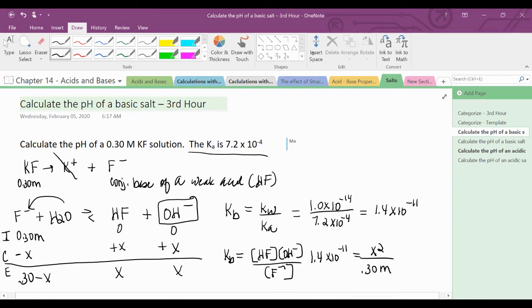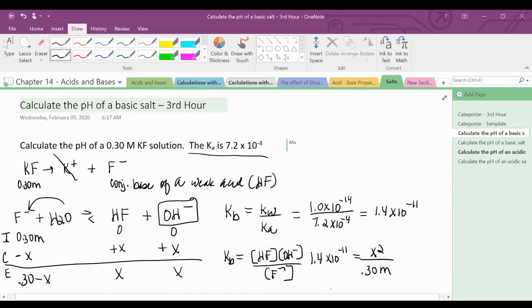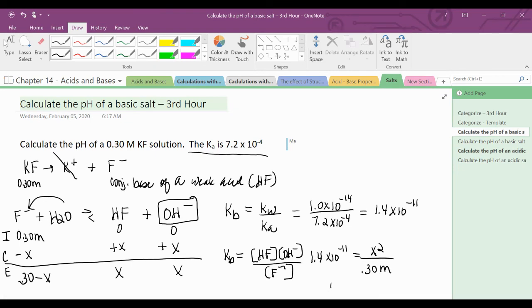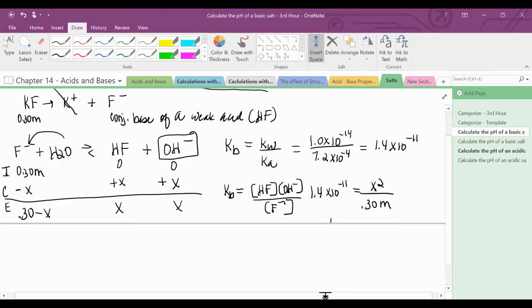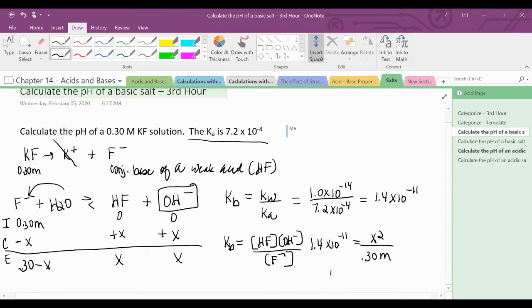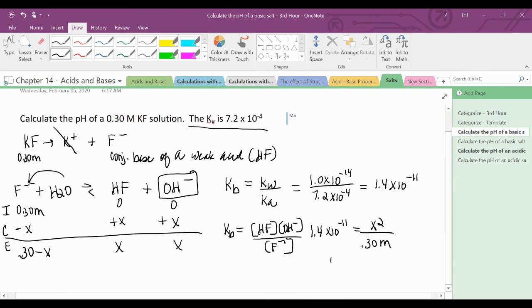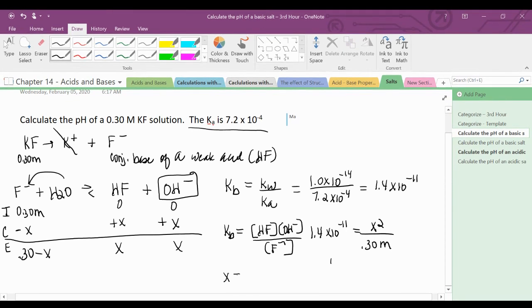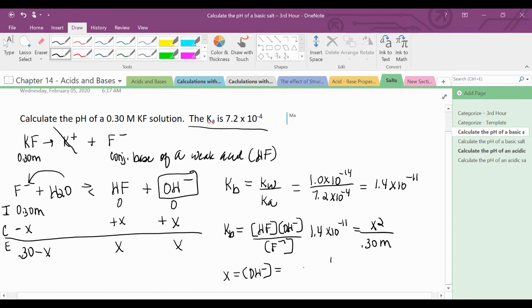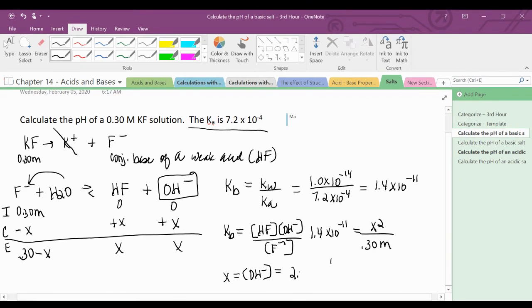So you're going to need to solve for x. So you can pause your video here while you plug and chug out an answer. And you should get that x, which would be equal to the hydroxide ion concentration, is 2 times 10 to the negative 6 molar.